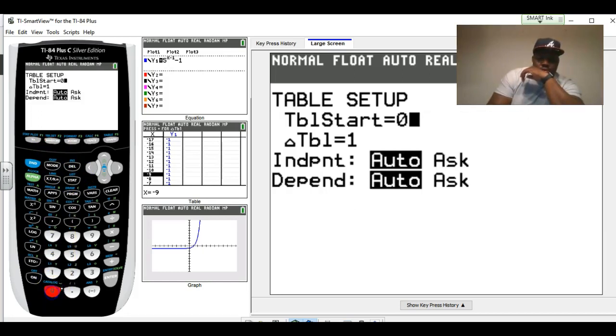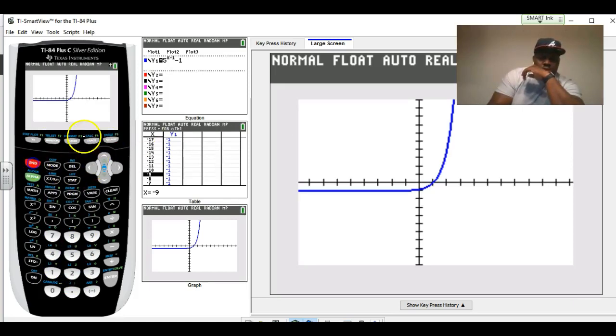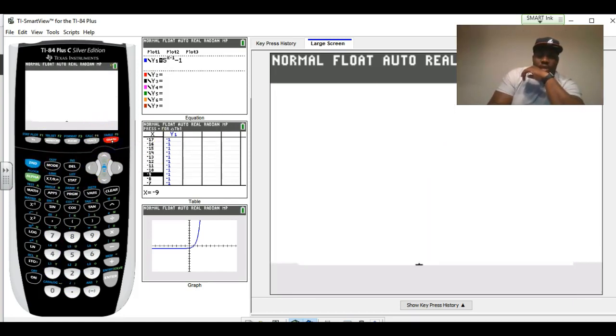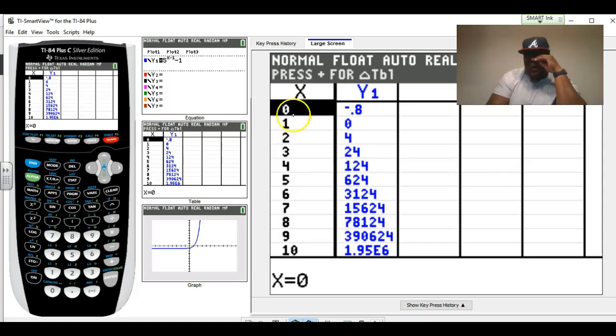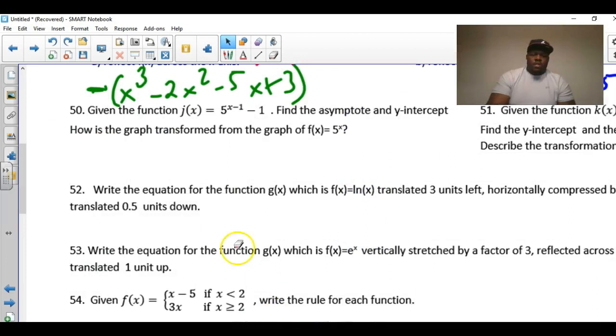Let's start at 0. Now what I just did was start my table right here, and I'm looking for my y-intercept. That's our y-intercept, 0, negative 0.8. Now let me go back to this right here.